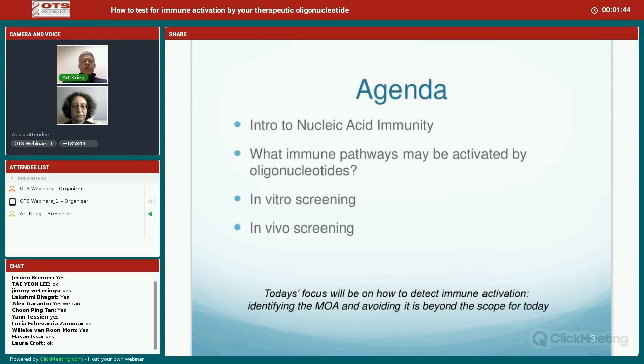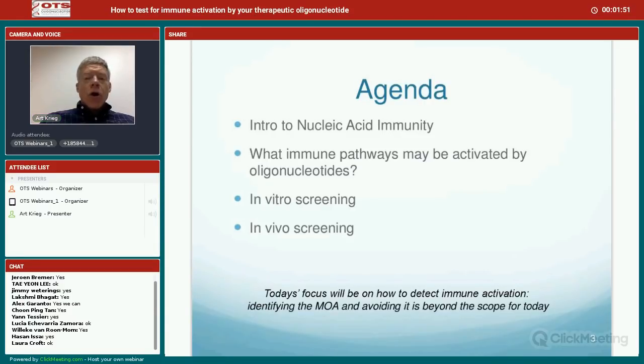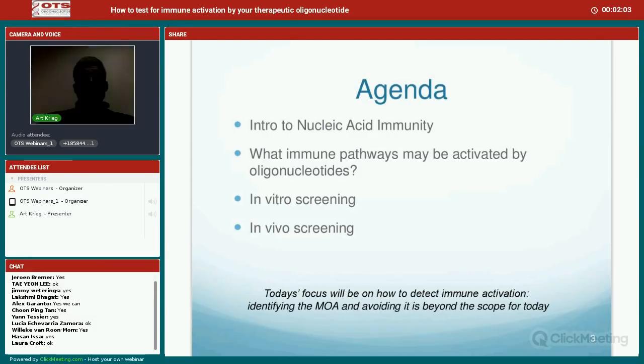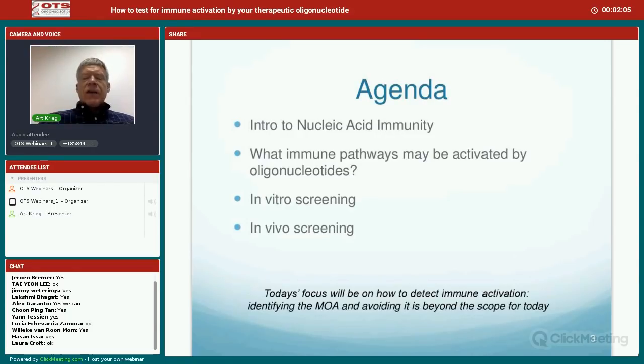And this is a brief agenda. I'll first give a very general introduction to why the immune system detects nucleic acids at all, then talk about the immune pathways that may be activated by them, how to screen for them in vitro, and how to screen for them in vivo, and what can happen in vivo, including in human beings. Today is going to be on how to detect immune activation.